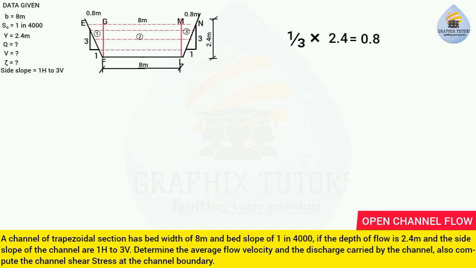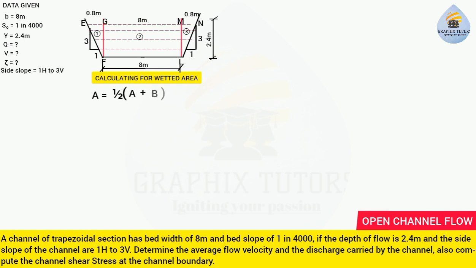Now we'll move forward. From here, we can easily calculate the area of this channel. The area is half of A plus B times H. The A here represents the bed width, just the bed width, which is 8.